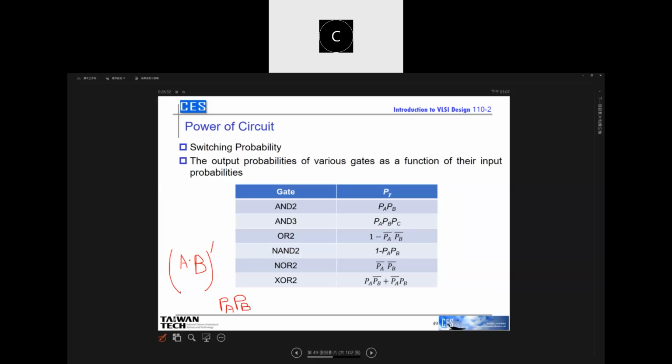And you have a complement here, so that's 1 minus. This complement represents the 1 minus. So for a 2-input NAND gate, that's 1 minus PA times PB.